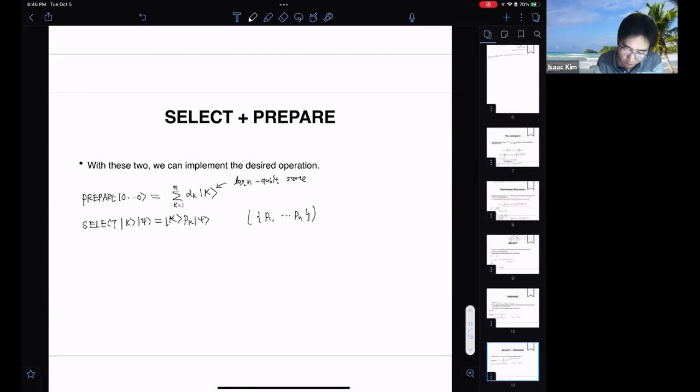Oh, by the way, one quick comment. While it is unimportant, it is usually assumed that the alpha K's are real numbers. It doesn't have to be, but for practical purposes, this almost always does the job. Just a side comment. And I will assume that.